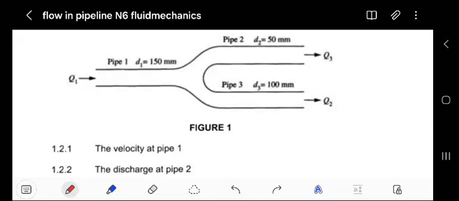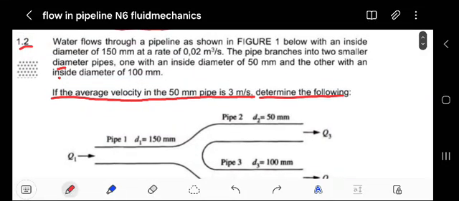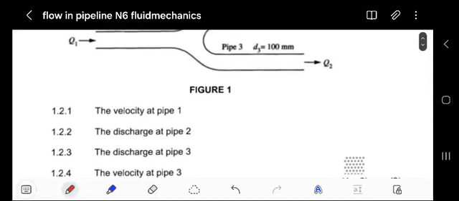This is pipe 1. Remember, we are given Q at pipe 1, with diameter 150, which is 0.02. We know that Q equals area 1 multiplied by V1, because we're focusing on this first portion.